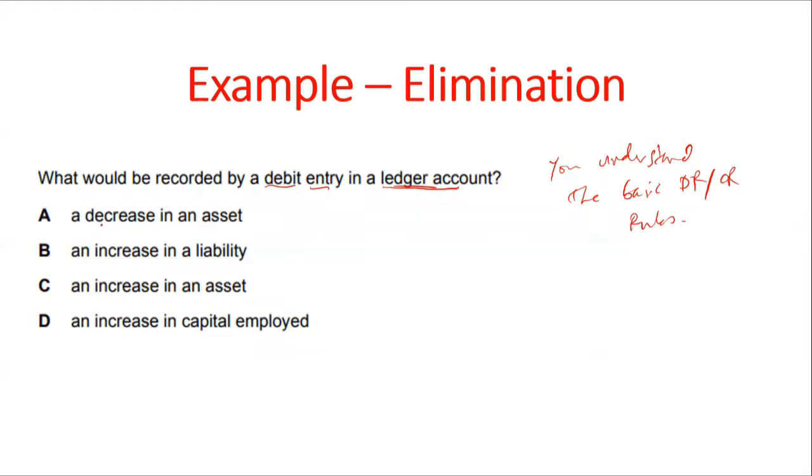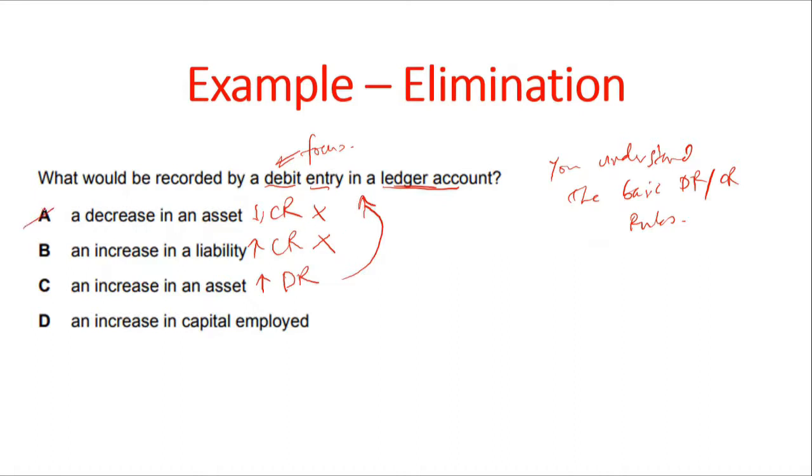A decrease in an asset is always credit, so this is an incorrect option. An increase in liability is also a credit. So this is an incorrect option because we are focusing on debit. Our focus is on a debit entry. Let's look at option C, an increase in an asset. Now, an increase in an asset is debit, and that's exactly what we are looking for.